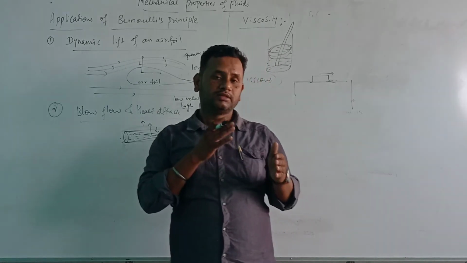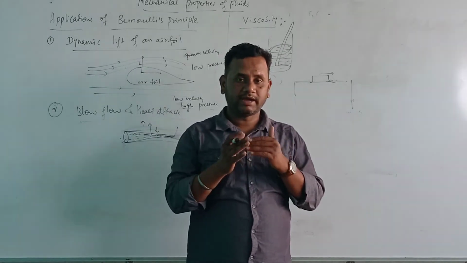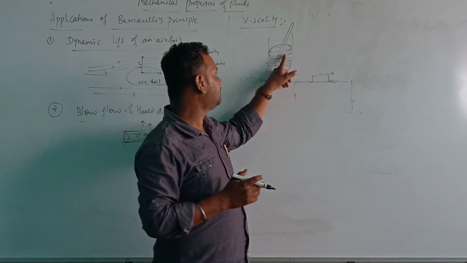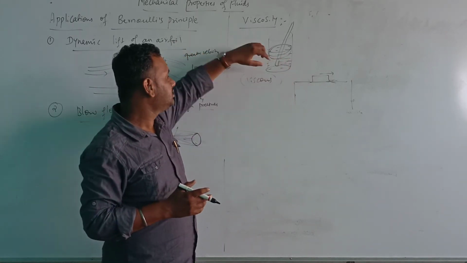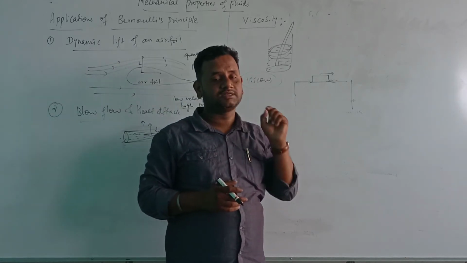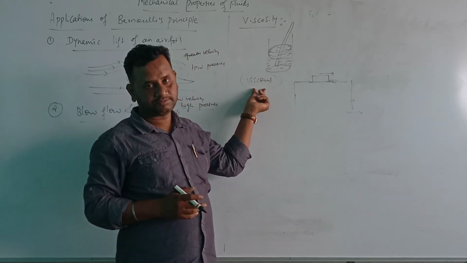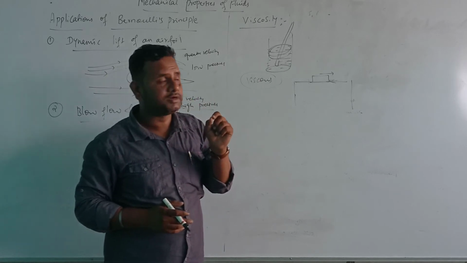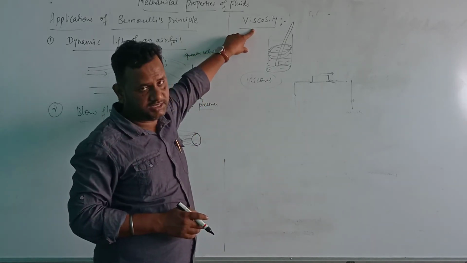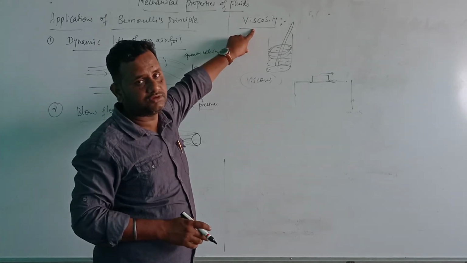In between them, there is always some force of friction between the different layers. That force of friction is called viscous, and such property is called viscosity.